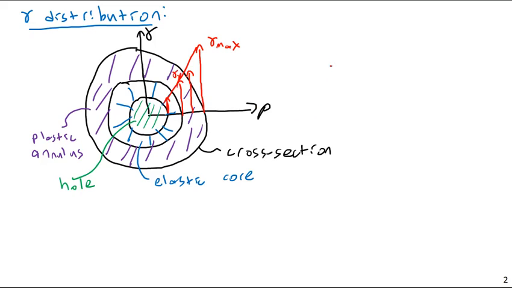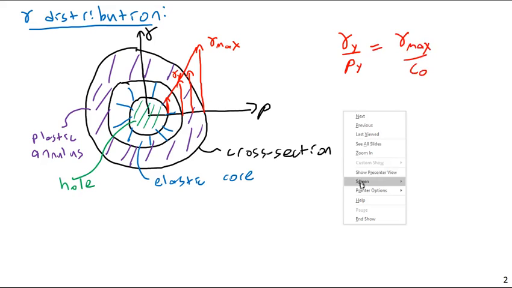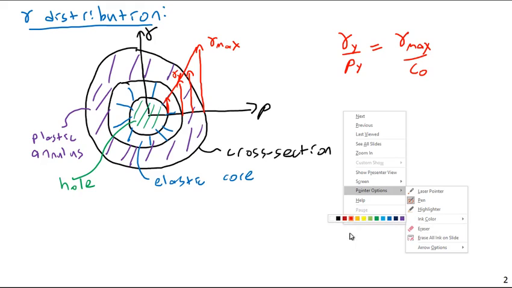In other words, the relationship we can have here is gamma y over rho y equals gamma max over c_o. Let me define those two points.